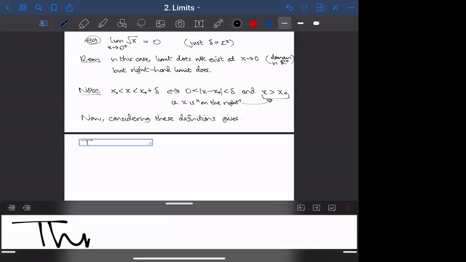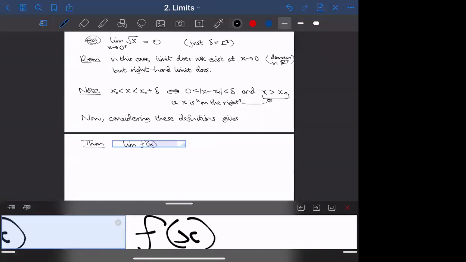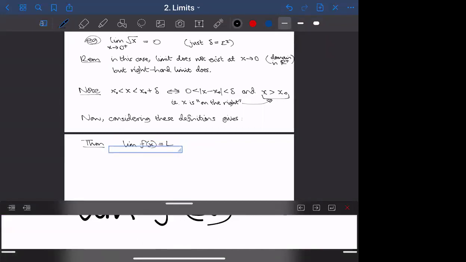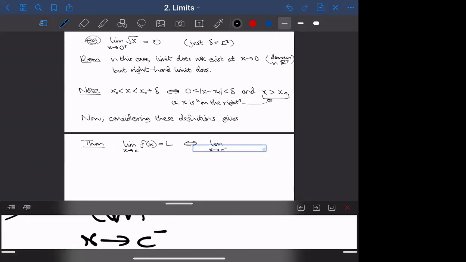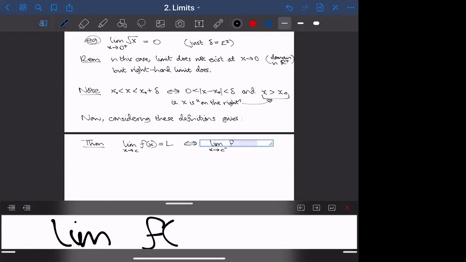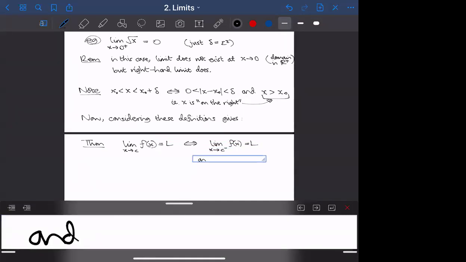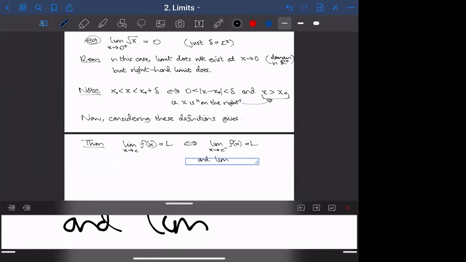So the theorem: the limit of f(x) exists and equals L at c if and only if the left-hand limit exists and the right-hand limit exists.